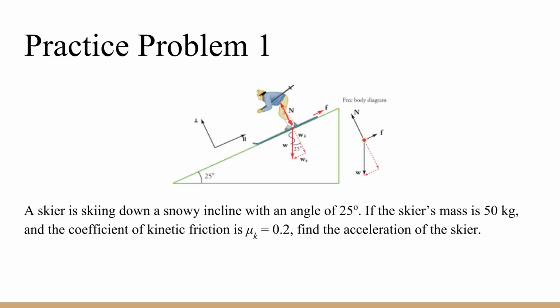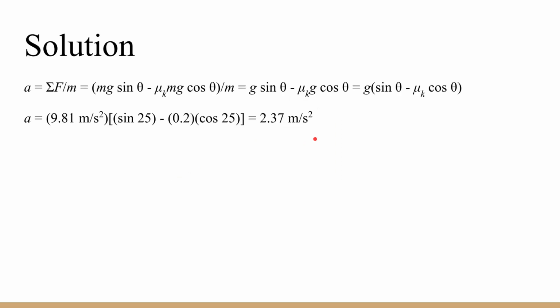Then the normal force n is balanced out by mg cosine theta, or weight perpendicular. So you could just substitute that in, since the normal force and mg cosine theta balance out, meaning they have the same magnitude.